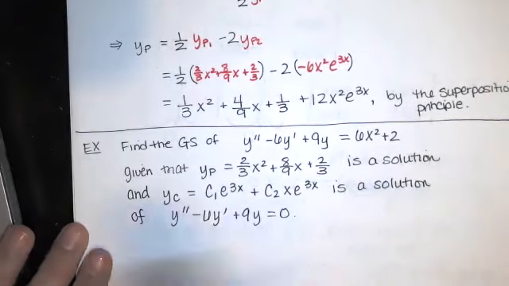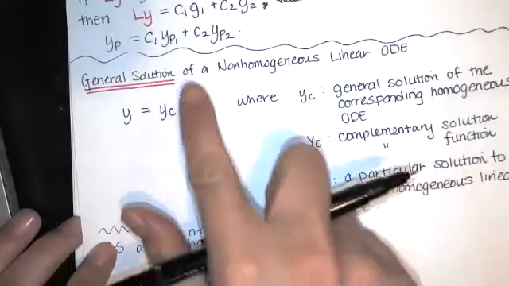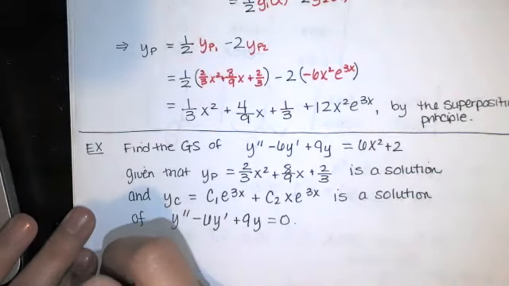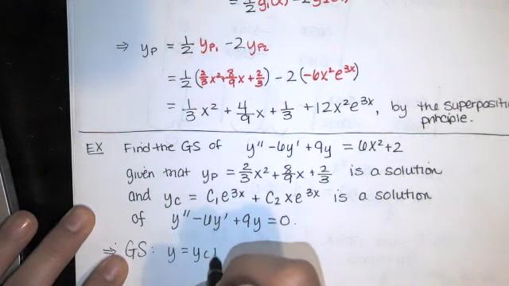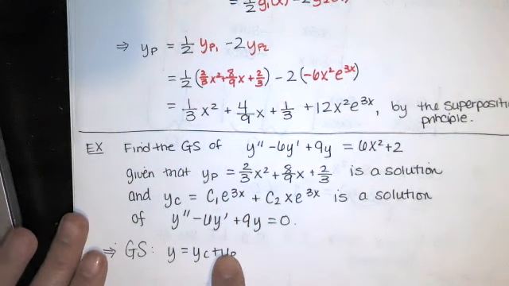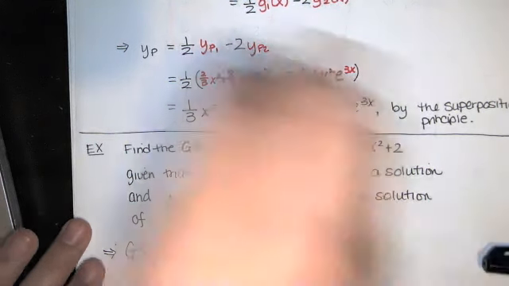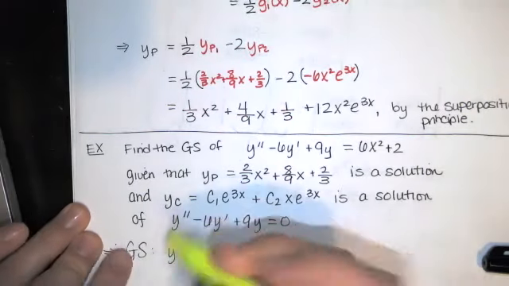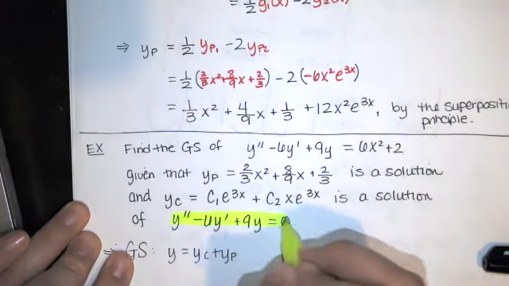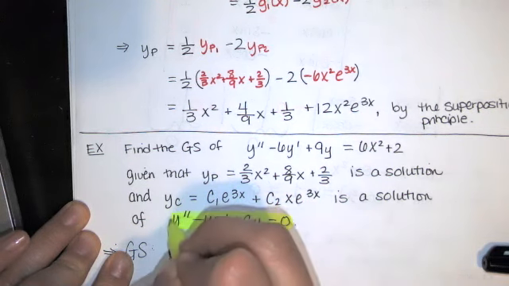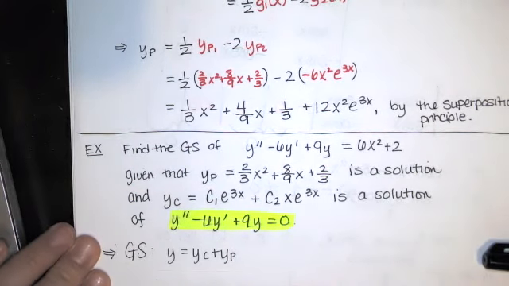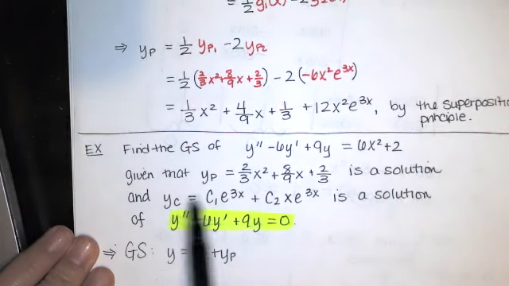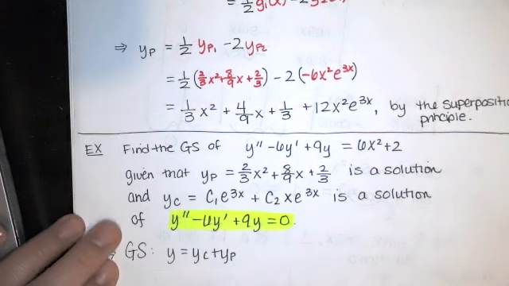Well, according to the definition of the general solution of a non-homogeneous linear ODE, the general solution is y sub c plus y sub p, where y sub c is a solution of the corresponding homogeneous equation. The corresponding homogeneous equation is right here. Now, when we learn the method for solving homogeneous linear ordinary differential equations with constant coefficients, we'll be able to prove that this is the solution to this equation.